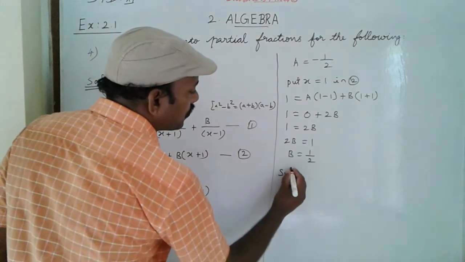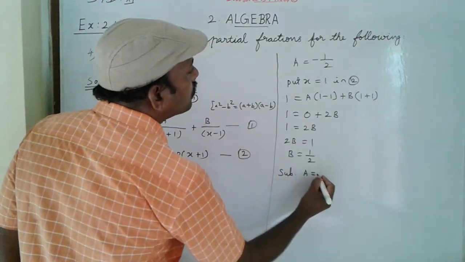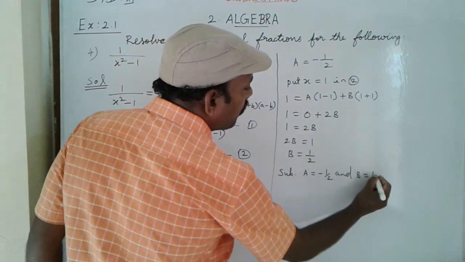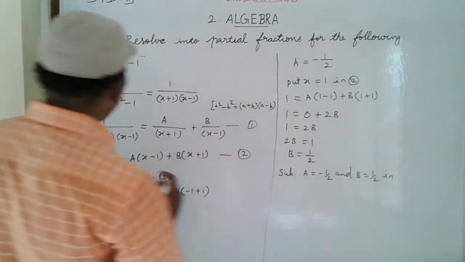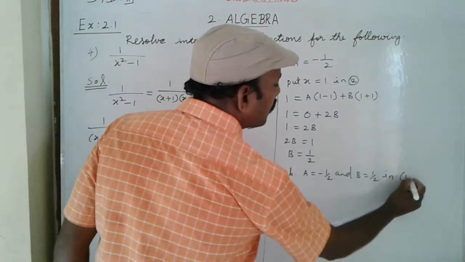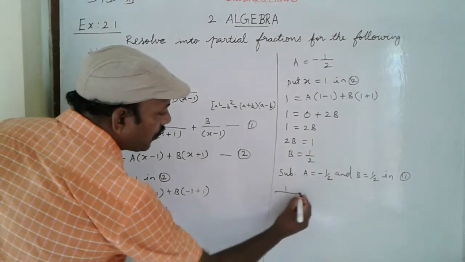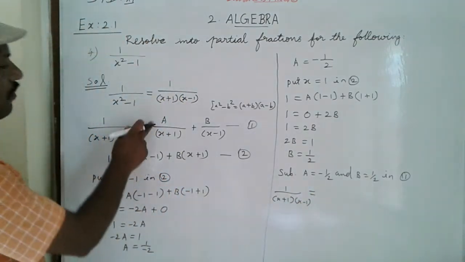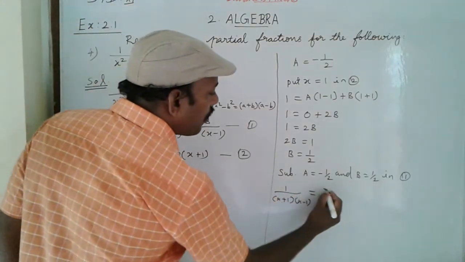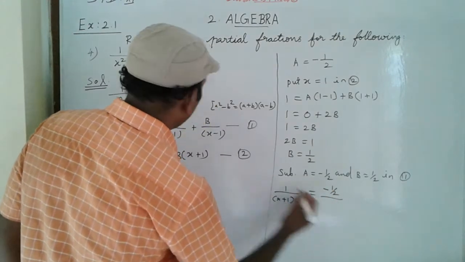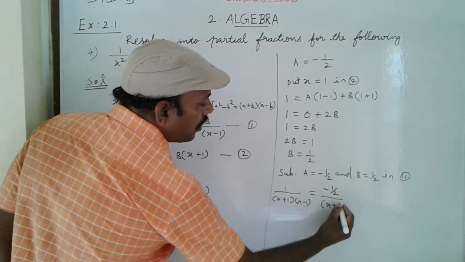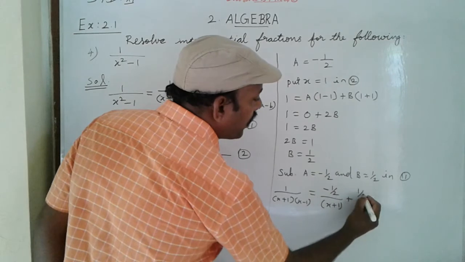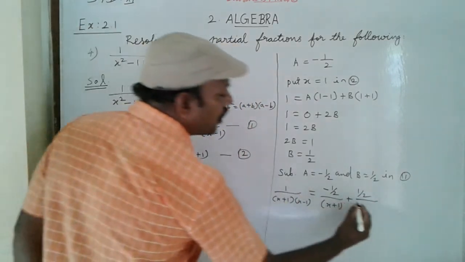Substitute a equal to minus 1 by 2 and b equal to 1 by 2 in equation number 1. Substitute here 1 divided by (x plus 1) into (x minus 1) equal to a value, minus 1 by 2 divided by x plus 1, plus b value, we know that 1 by 2 divided by x minus 1.